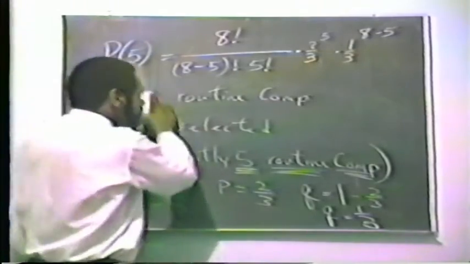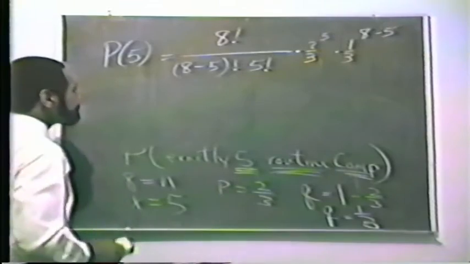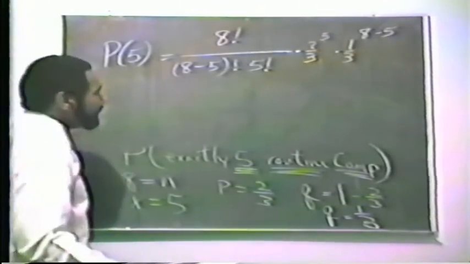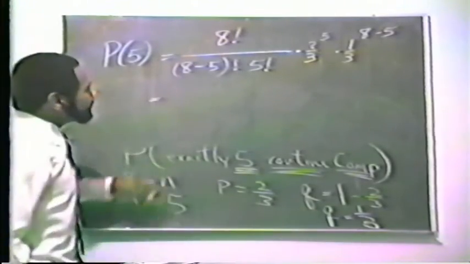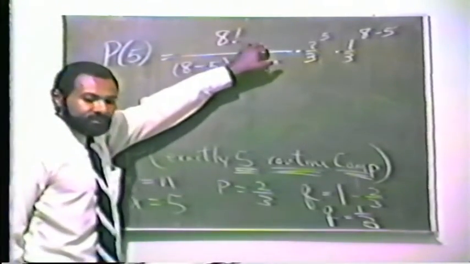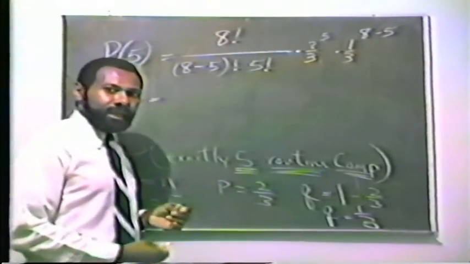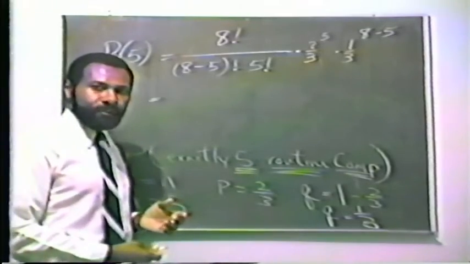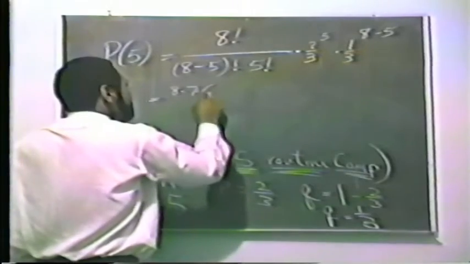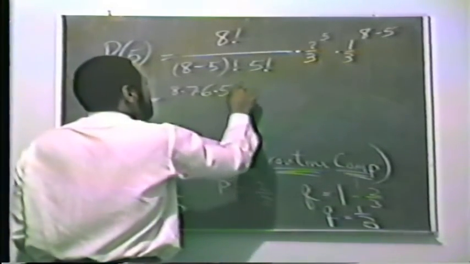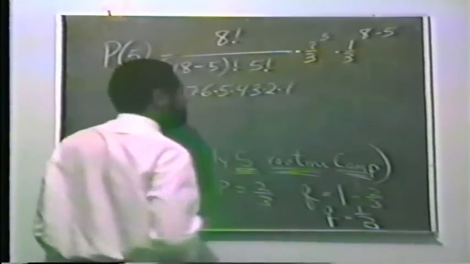Now we take out the calculator and we use our knowledge of mathematics and our knowledge of algebra to simplify this. First we start with 8 factorial. We write that out in terms of what it means. 8 factorial means 8 times 7 times 6 times 5 times 4 times 3 times 2 times 1.